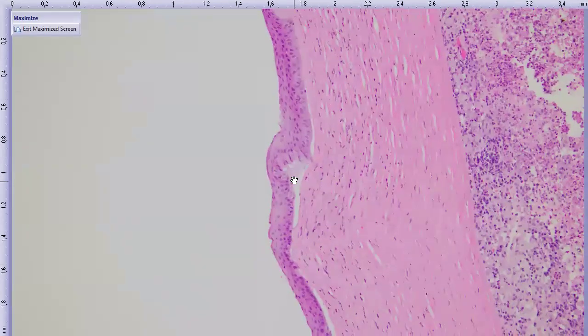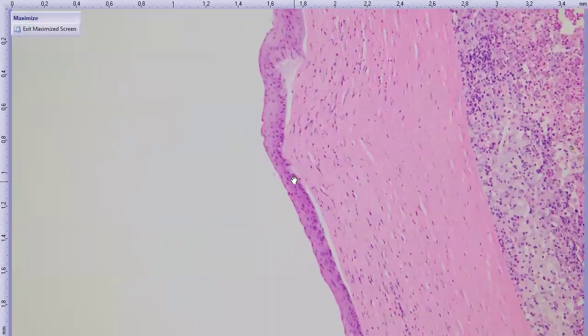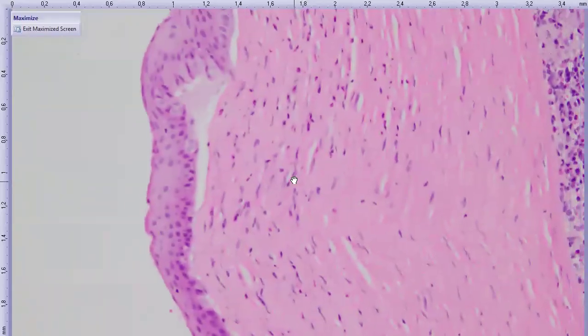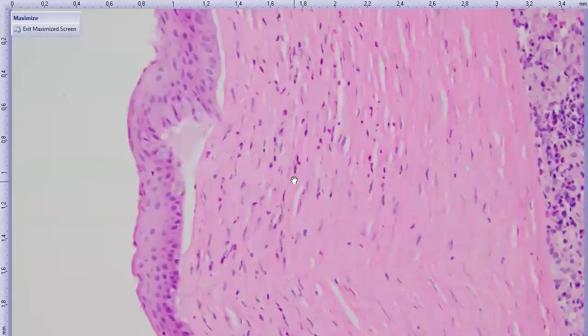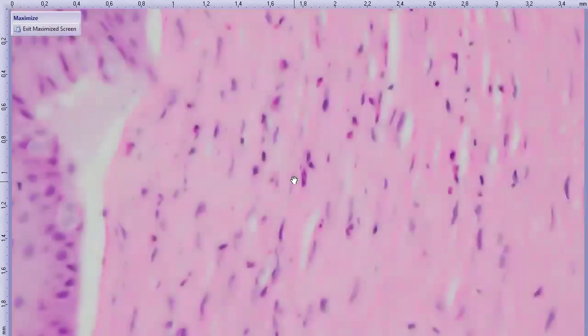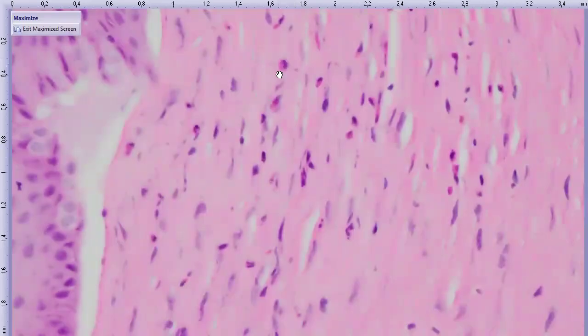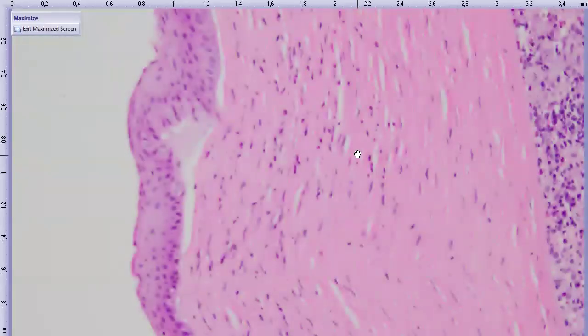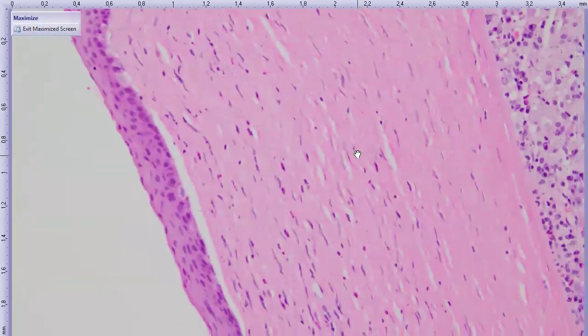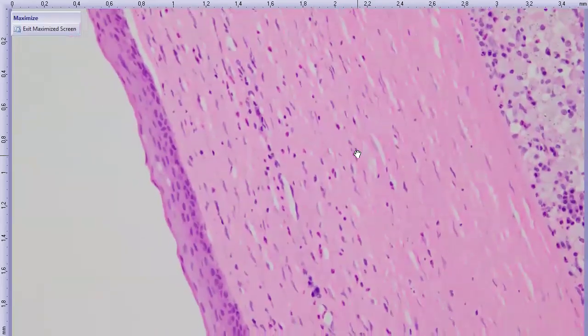So we have a little bit of subepithelial bulla formation here. We can also tell that there's a little bit of an infiltrate in the corneal stroma itself, and these are heterophils. See these nice little eosinophilic granules here in these mononuclear cells. There's also some blood vessels infiltrating the corneal stroma as well. So we've got a little bit of a keratitis.